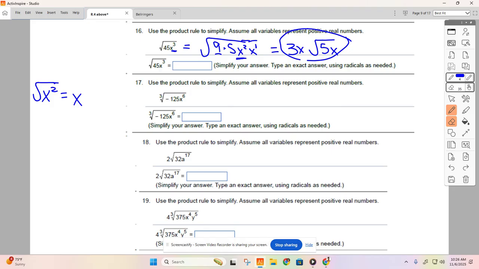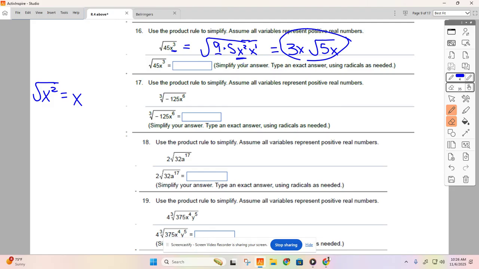In order to take the square root, I need it to be a perfect square or an even number, okay? So I separated x cubed as x squared times x. Do you see how those are equivalent? X squared times x is the same as x cubed. But the reason I did that was so I could take this x squared out. Right, yeah, I got you.